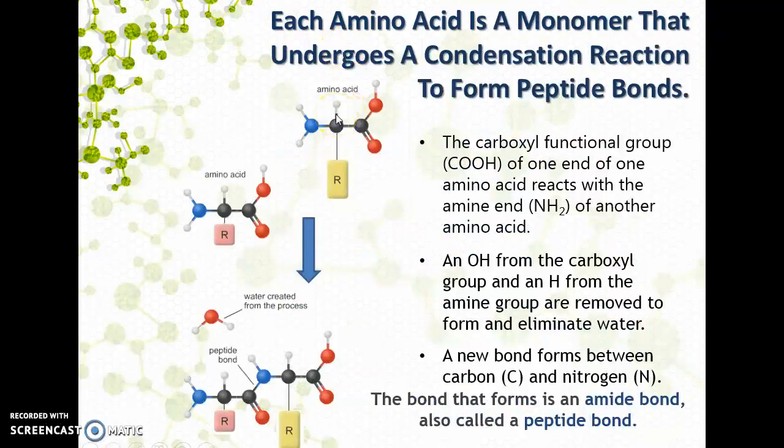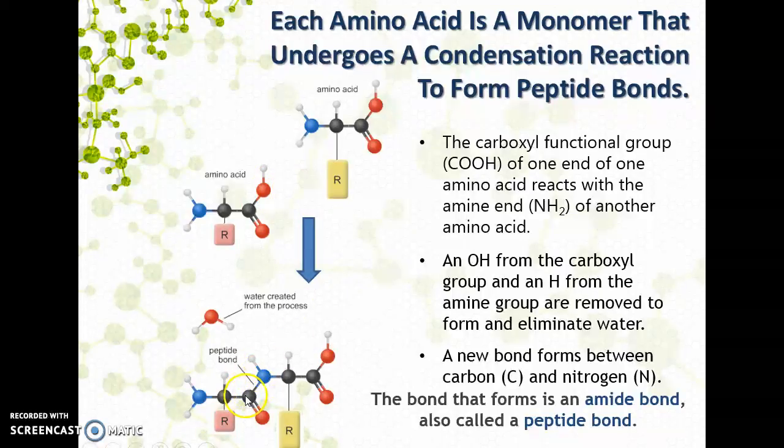Like I said, amino acids are the monomers that form the polymer known as proteins. So if you think back to that Lego example, proteins would be like your giant Lego structure. Amino acids would be like the individual Legos that you put together to form it. So here's an amino acid, here's an amino acid. You put them together, and the bond that they're connected through is called a peptide bond.